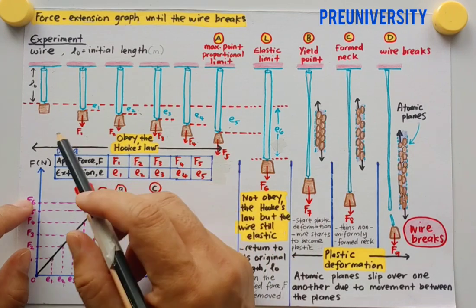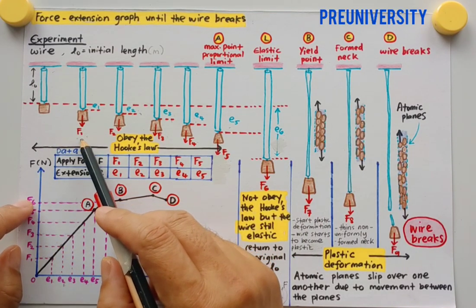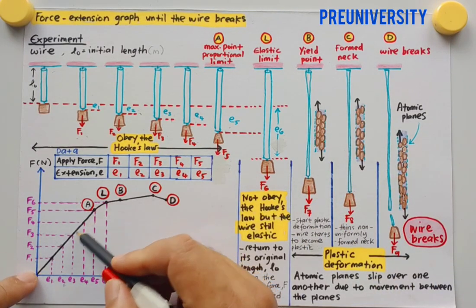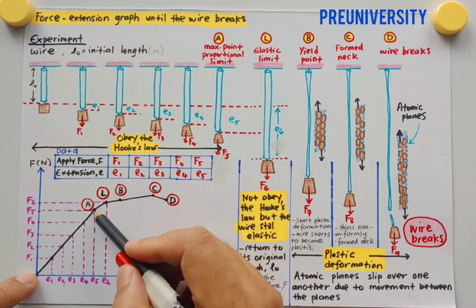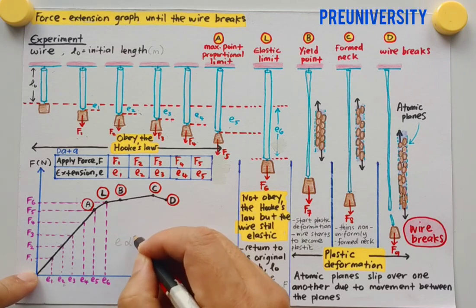So in this case, from F1 until F5, we plot the graph, and then we have the linear graph. So in this case, what we can say is the extension is directly proportional to the applied force.